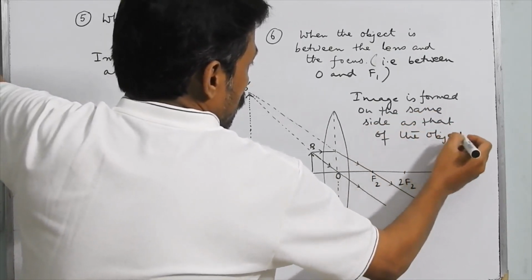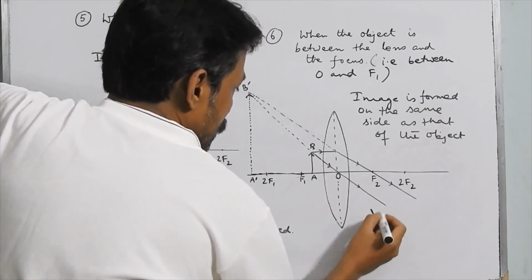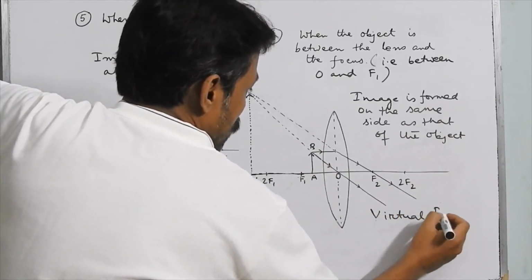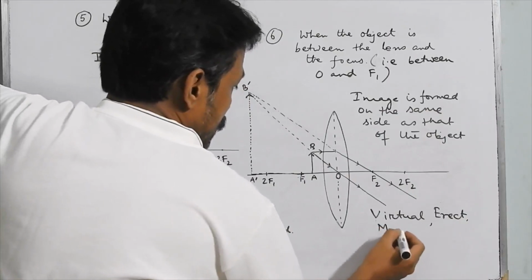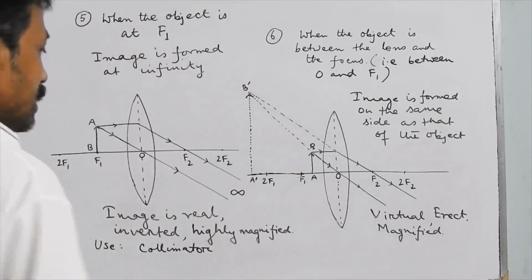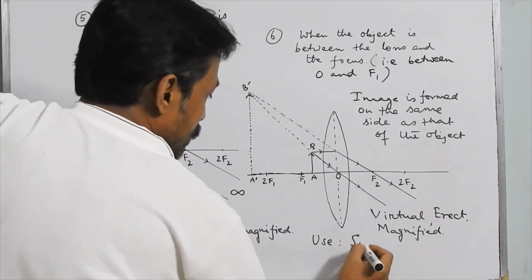And so its characteristics are: it is virtual, virtual images are always erect or upright, and it is magnified. And this type of application is typically used in the case of a simple microscope.